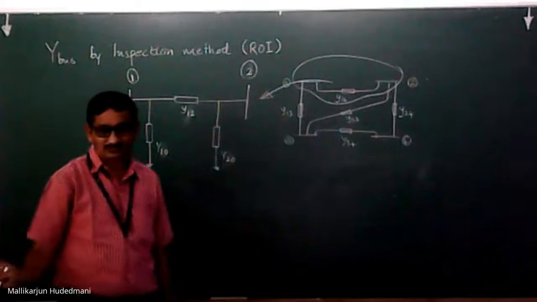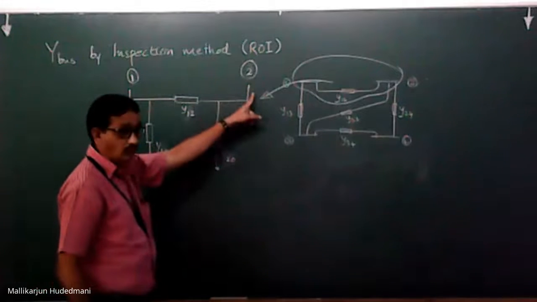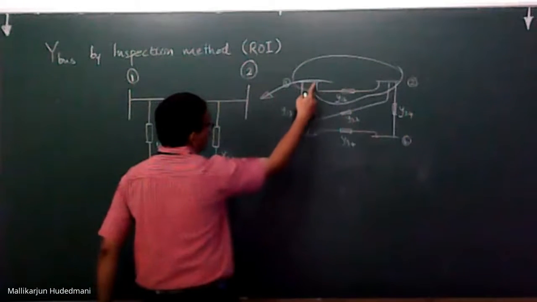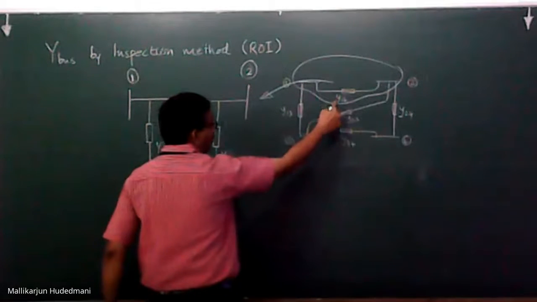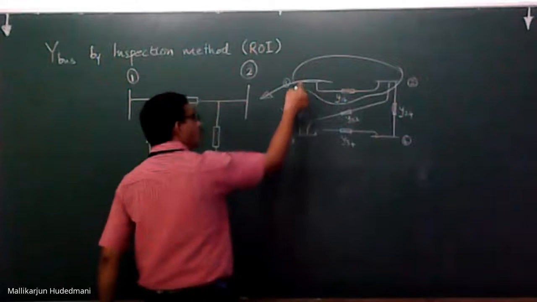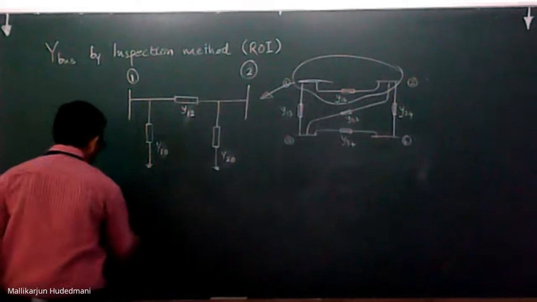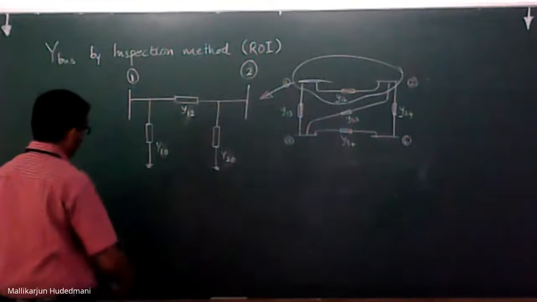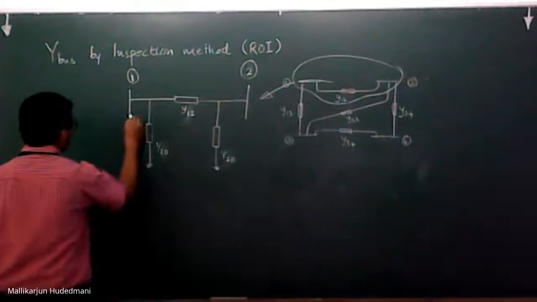Surely not, because when I have 1, I have a 2. So look at this. At bus number 1, how many lines do I have? 1 to 2, 1 to 3. Imagine that Y12, Y13 is also modeled. Like this I have 1, let me draw here, not an issue. This is bus number 3, by chance I am drawing vertical. Now I have a line between 1 and 3, let me represent it, nothing wrong in that.